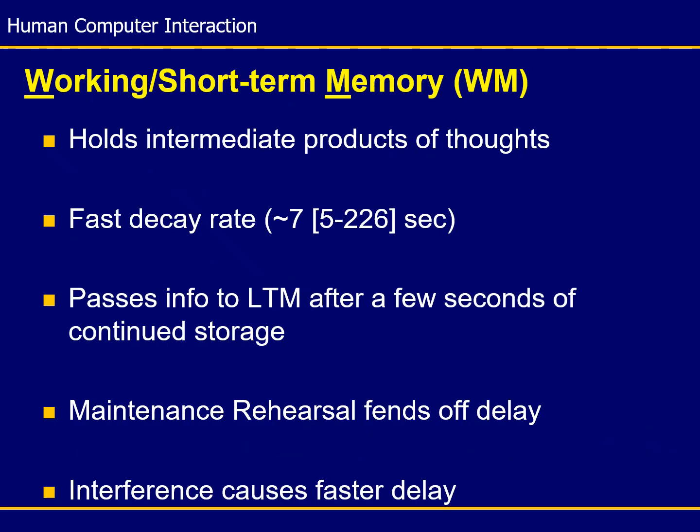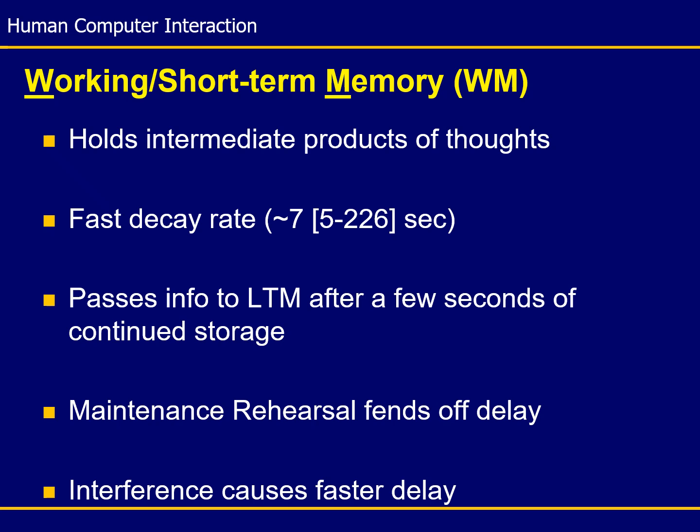Now, the other type of memory, which is the short-term memory, is quite different. First of all, this is what you use to hold what we call intermediate products of thought. So while you're undergoing any mental effort, you're thinking about what you're doing, and the information that you're thinking of is held in the short-term memory, not in the long-term memory.